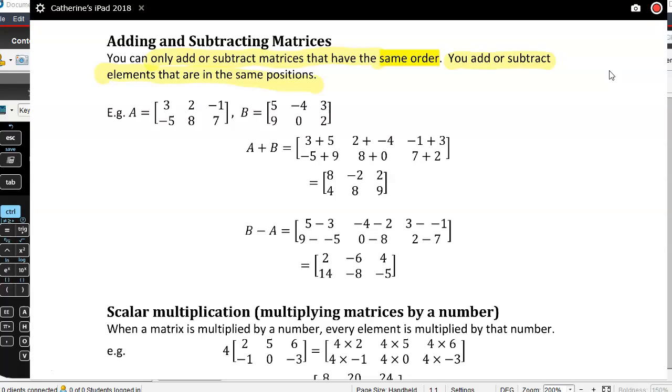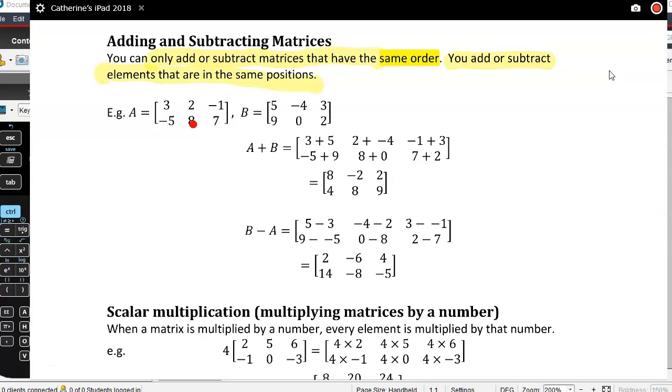So here's my worked example. I've got matrix A and matrix B. Okay, so you can see here I've got 3 and 5 in that same position. So I'm doing A plus B, so 3 plus 5. I'm adding those together to give me 8.